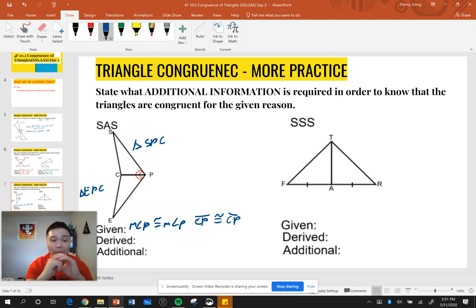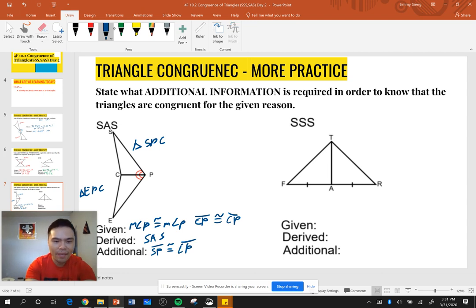okay? Well, I do have a side and I do have an angle. Now what I need is another side. Remember, side, angle, side needs to be that combination. Okay? So I need a side, and what I need is SP to be congruent with EP.